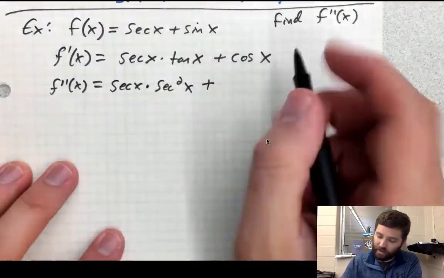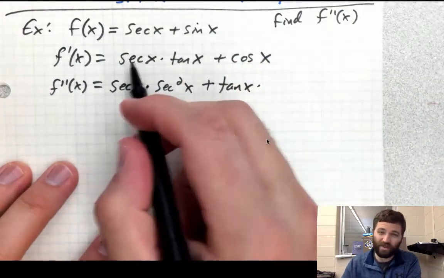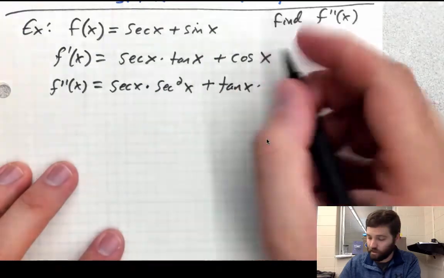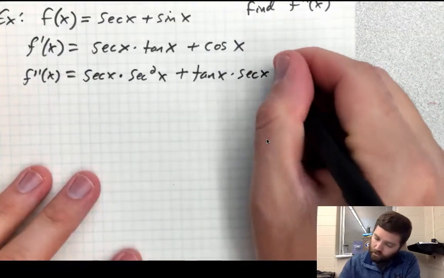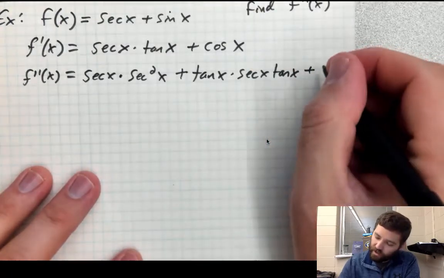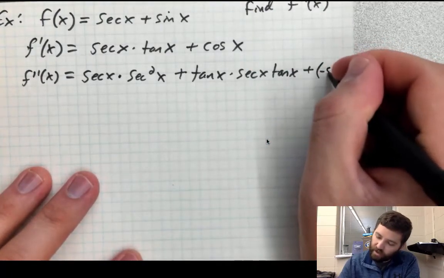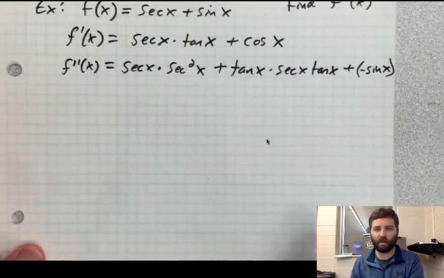Plus the second, which is tangent of x, times the derivative of the first, which is secant tangent. Plus the derivative of cosine, which is negative sine.